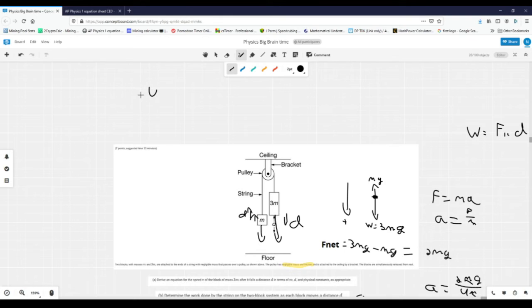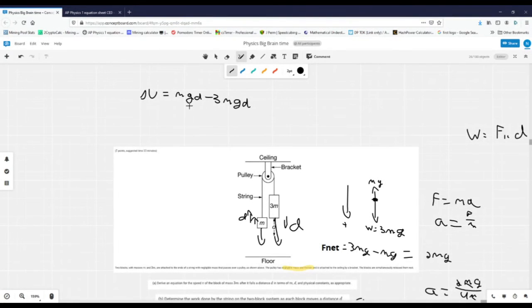And is the m block gaining potential energy or losing potential energy? It's gaining potential. Right. And they both move a distance d, just in opposite directions. So the change in potential energy is going to be equal to mgd minus 3mgd, because this block is gaining potential and this one is losing potential. Does that make sense so far?